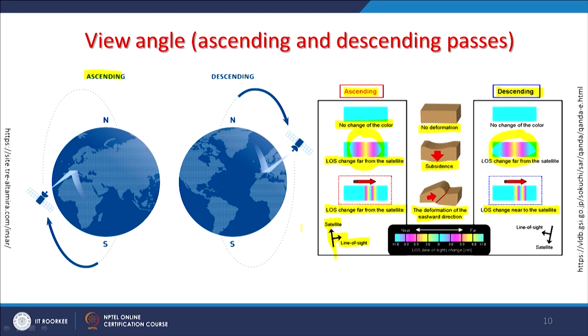In the descending mode, of course, it is the opposite direction, with the line of sight in this direction. When the satellite is looking this way or that way, the same structure of the earth is being looked at with two different look angles through the ascending and descending passes, and therefore they will have different interferograms, which you can see here.